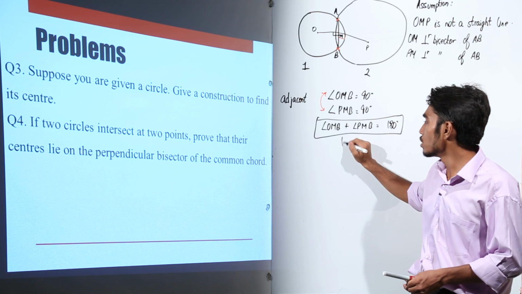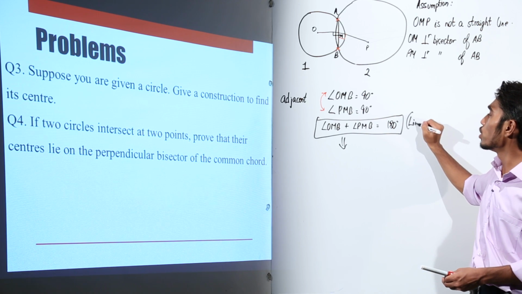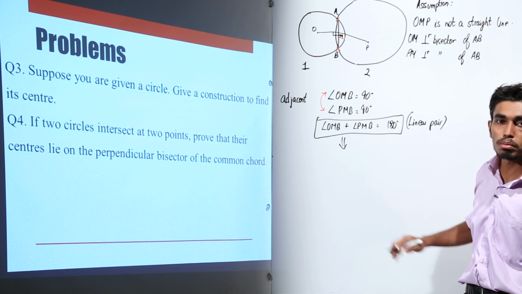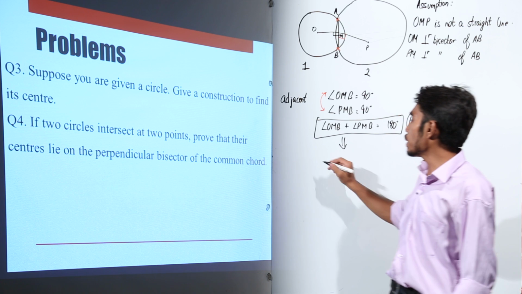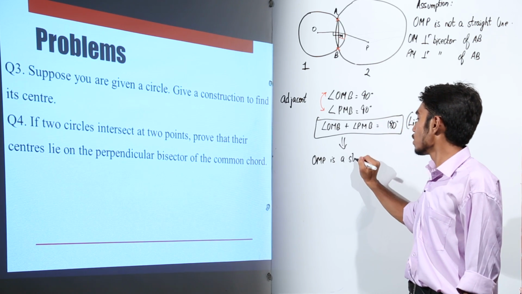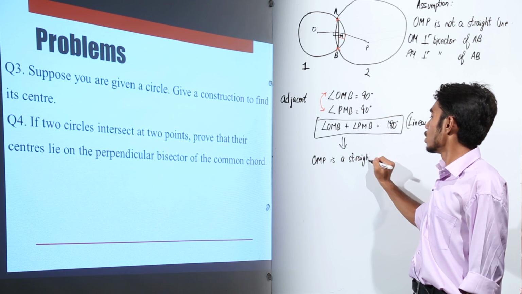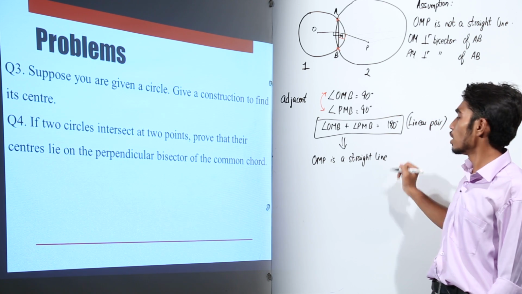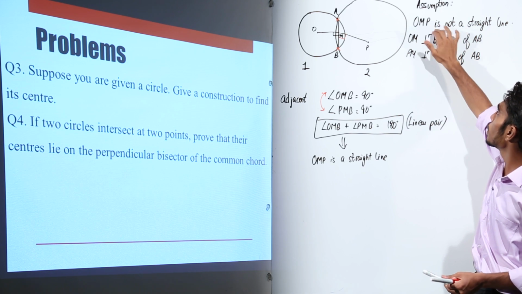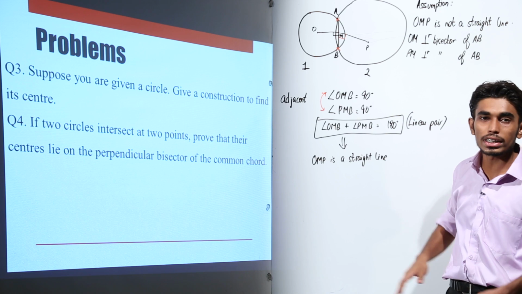So this concludes from the linear pair axiom or the converse of the linear pair axiom, right? Because the sum is equal to 180 degrees, OMP should be a straight line, right? So the assumption that OMP is not a straight line is getting contradicted, right?